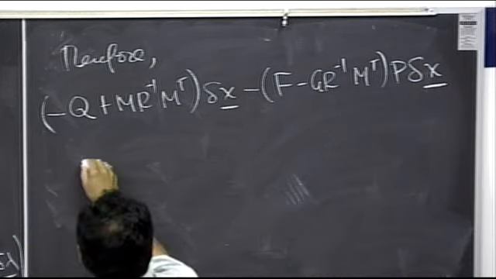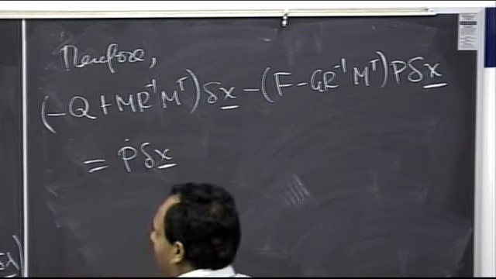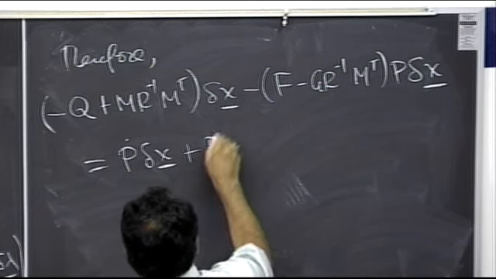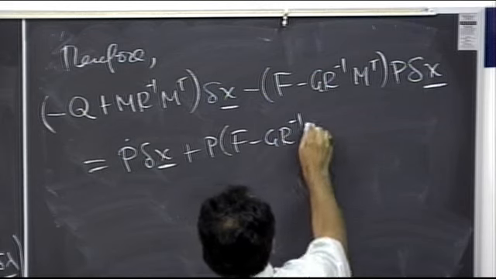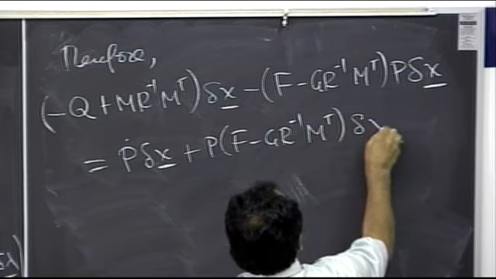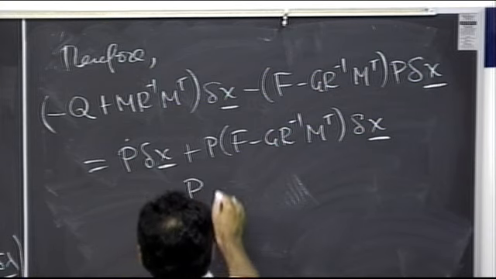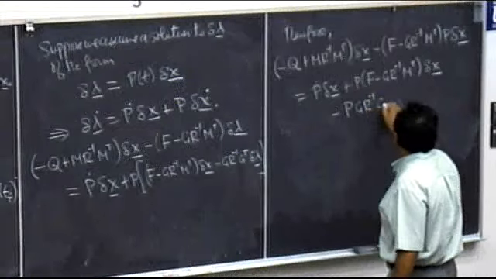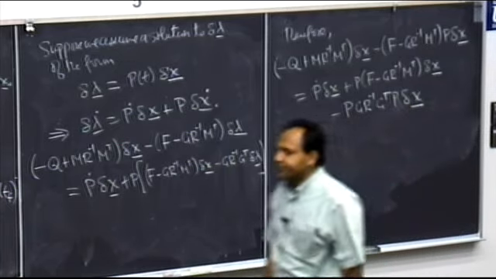And that has to equal p dot times delta x, and then plus p f minus g r inverse m transpose times delta x. And then I've got minus p g r inverse g transpose times p times delta x.